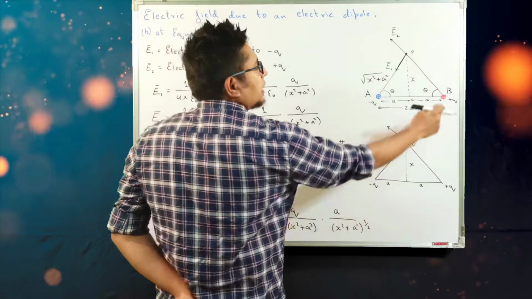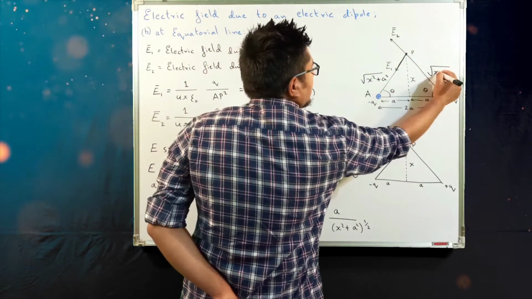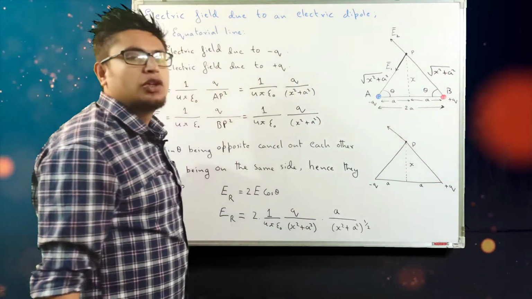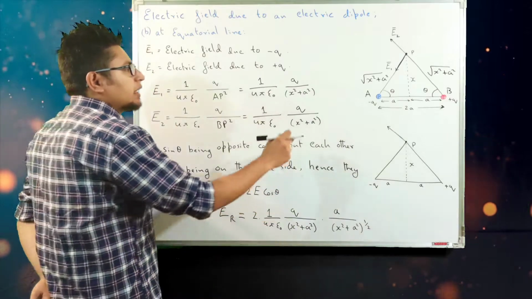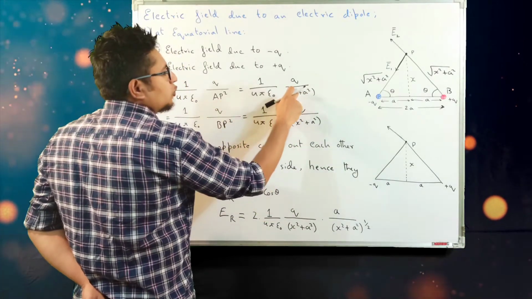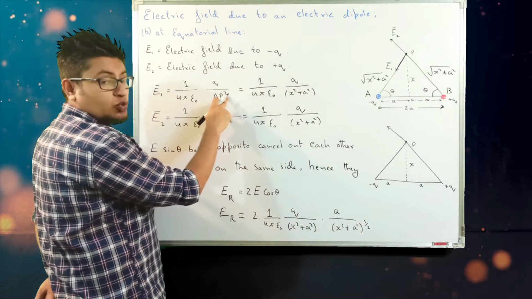The same will be the case for BP. I got this distance using the Pythagoras theorem. Hence I replace AP square with x square plus a square. The root is cancelled out since this is a square.